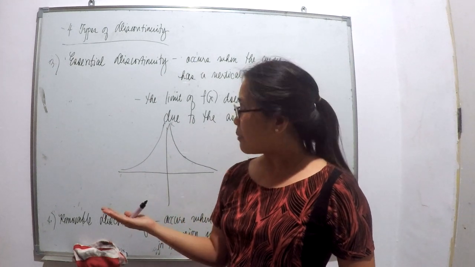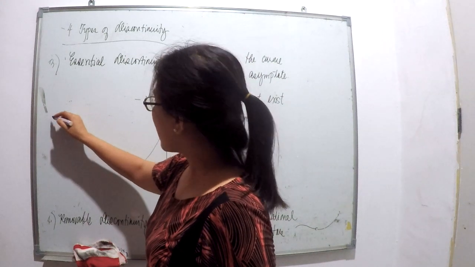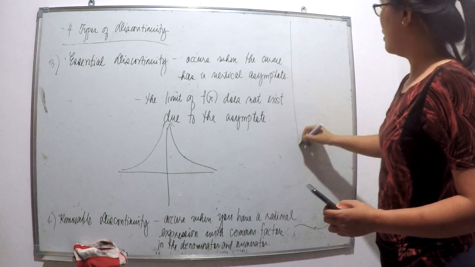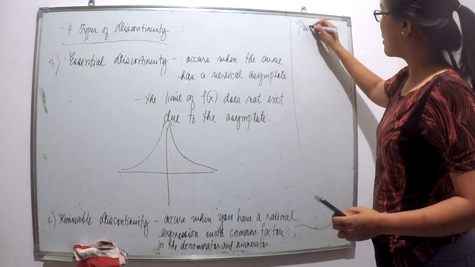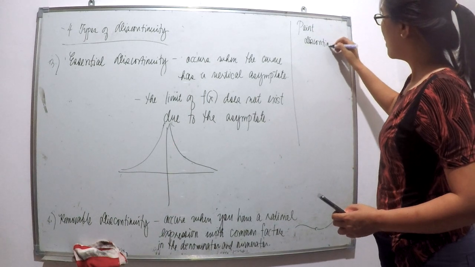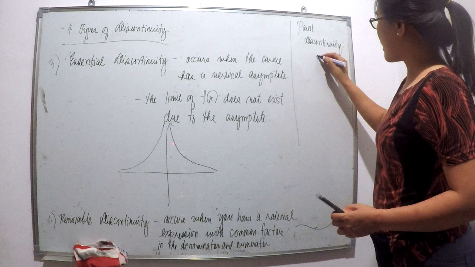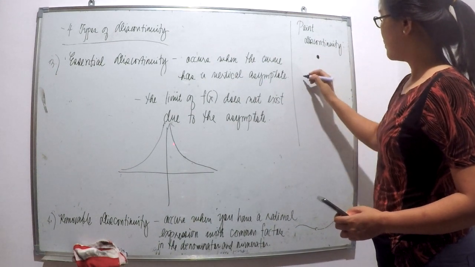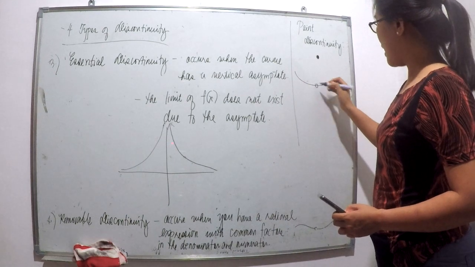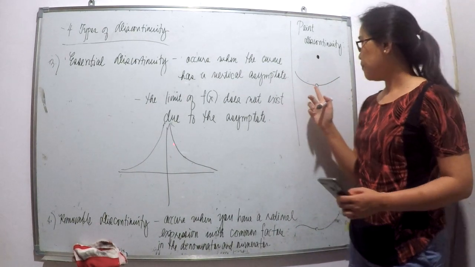The graph of a point discontinuity looks like this. Then there is a hollow here. Okay, that's a point discontinuity.